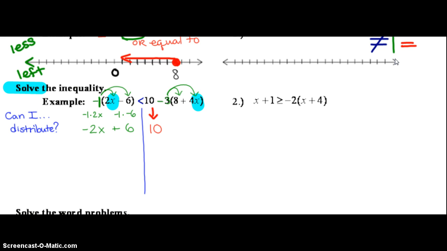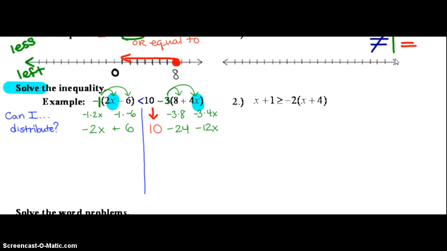Remember, a negative times a negative makes a positive. A negative 3 times positive 8 and negative 3 times positive 4x will make a negative 24 and a negative 12x.